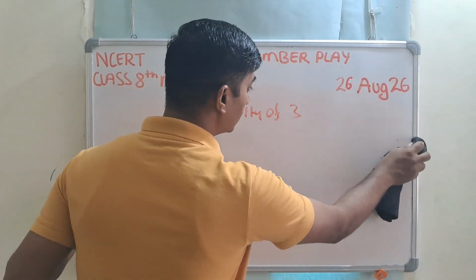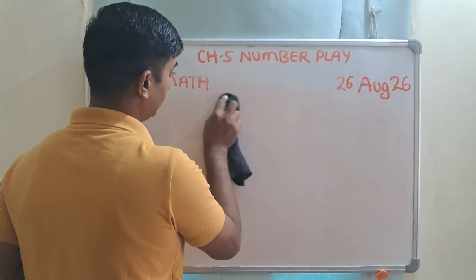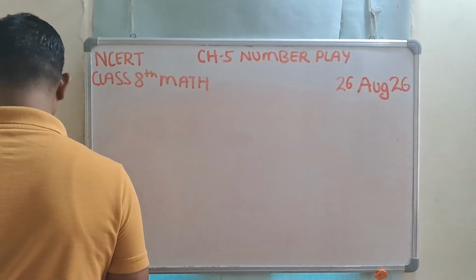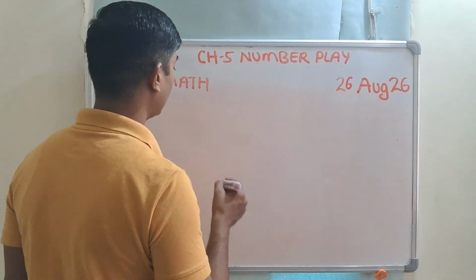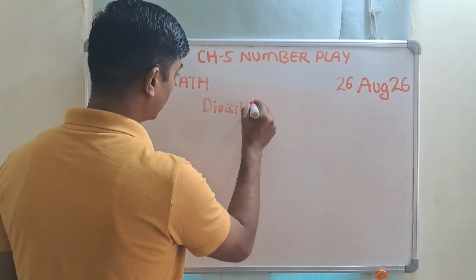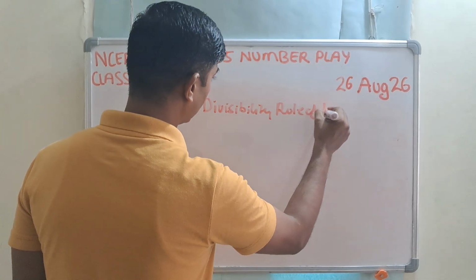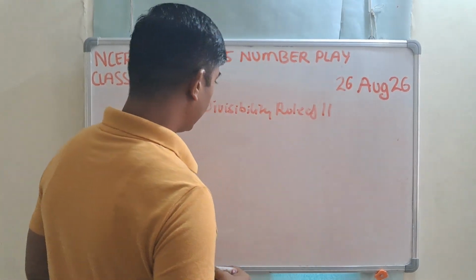Now we will see how the divisibility rule of 11 is developed.